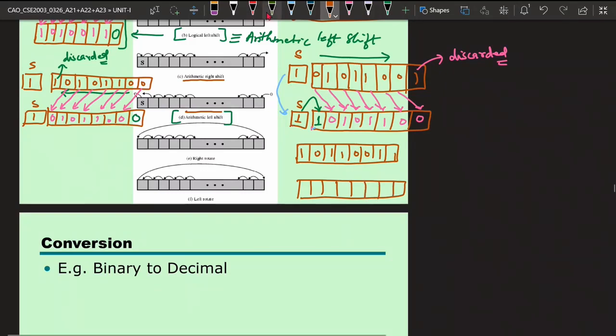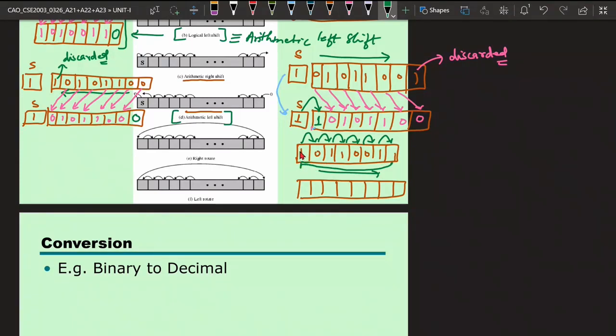So here, once we are rotating it, like right rotate is there. Whatever the content of the register is there, it will be rotated to the right side. So this will be moved to here, this will be moved to here, and this content of the LSB, instead of being discarded as in the left and right shift, will be rotated and moved to this location.